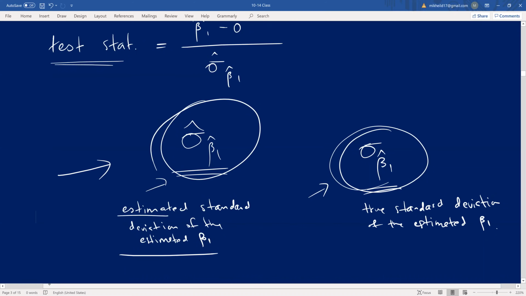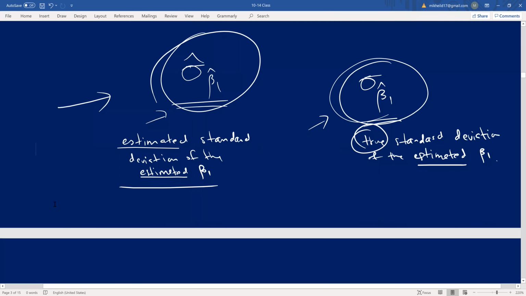You see the word estimated twice. That's why you have double hats there. Here you see the word estimated only once. That's why you have just one hat here. But we don't know the true one because you don't have the data to calculate the true standard deviation of beta hat 1. So I think I gave you an interesting note.